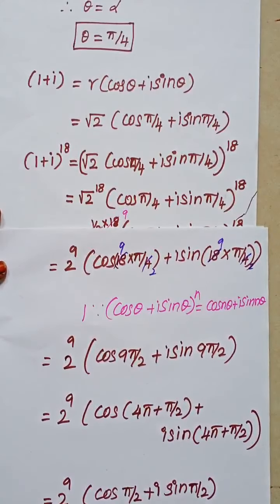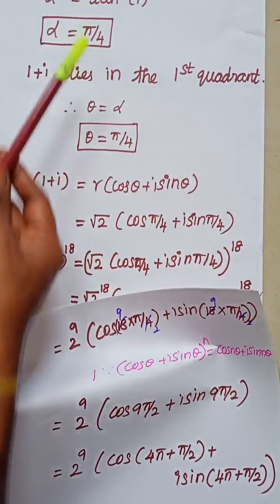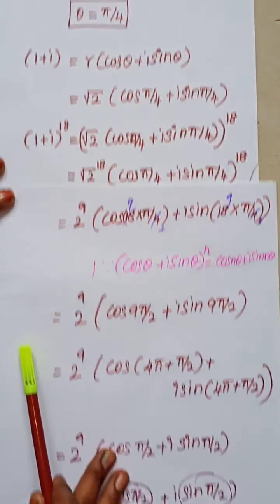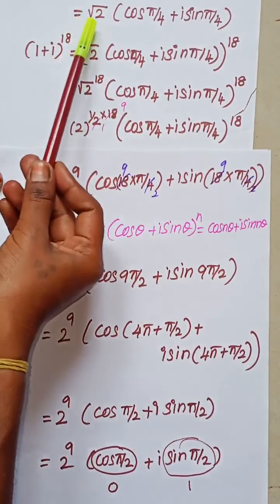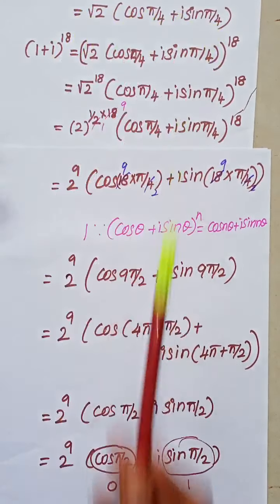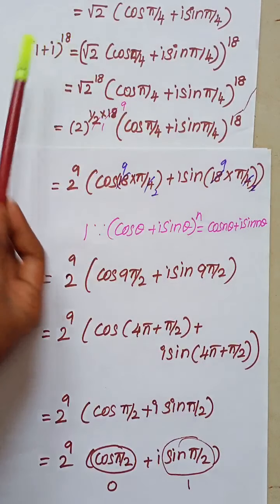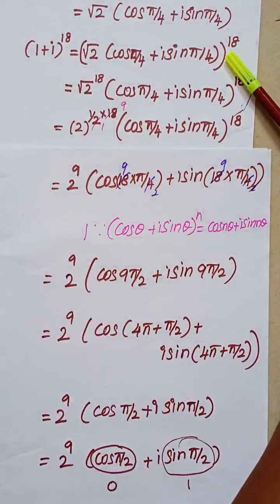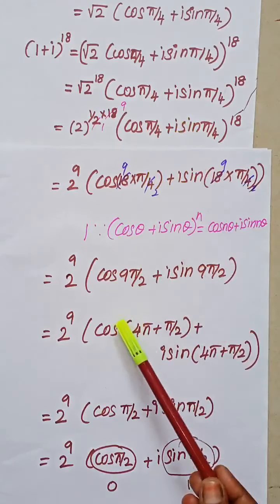To recap: first find the values of alpha and theta, and then write it in polar form. We got root 2 into cos pi by 4 plus i sin pi by 4. Take the whole power 18 on the given question, so the right hand side is also taken to the whole power 18. Next apply the De Moivre rule and simplify.